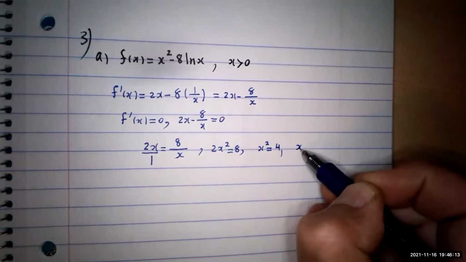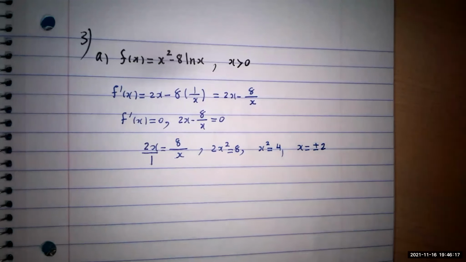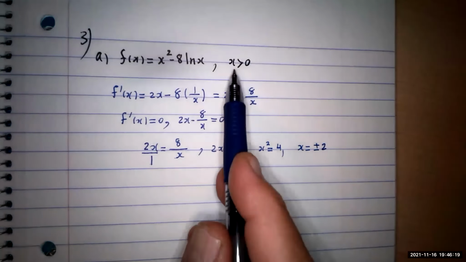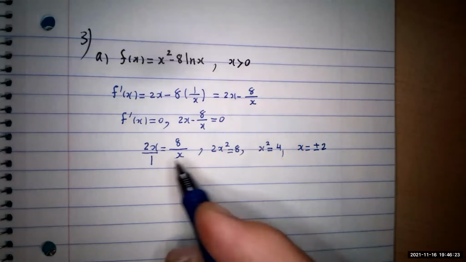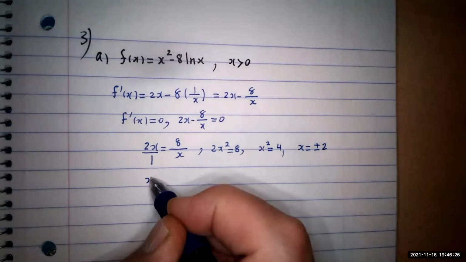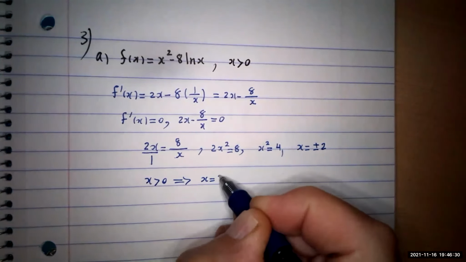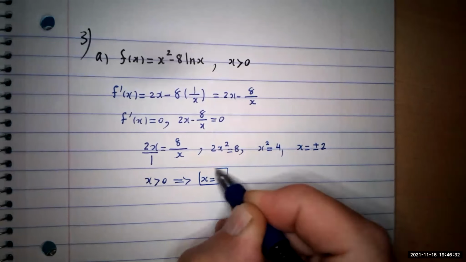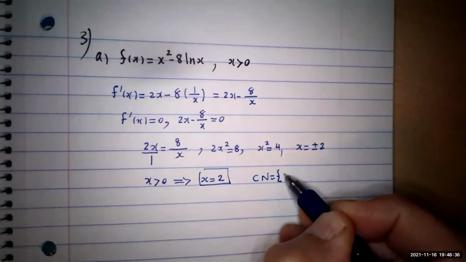Now we take the square root, x would be positive or negative 2. But note that x is positive because we are using the ln function. So you are going to pick only one solution, x equal to 2. So your critical number is equal to 2.